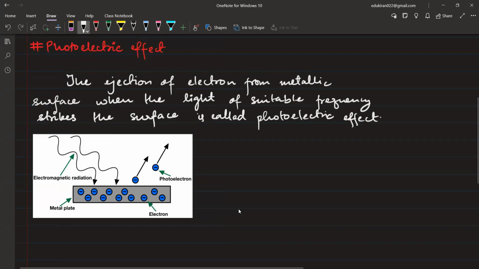This is the metal plate, and metal has atoms, so obviously it is going to have protons and electrons. And when an electromagnetic radiation was struck on the surface, then what did we see? We saw ejection of electron. Now, how was this experiment conducted? Obviously, you cannot see electrons, right? So how was this conducted?